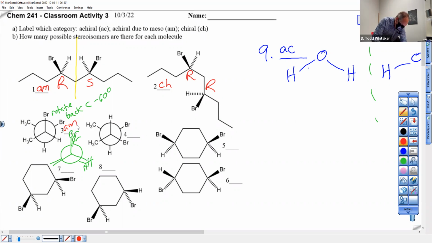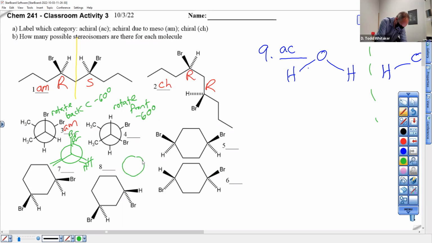And ladies and gentlemen, don't do much work on the next one. If you look at the previous example, groups aren't going to be on top of groups. But I'll rotate front C negative 60.